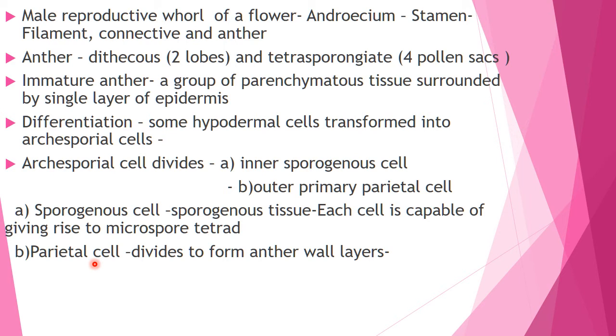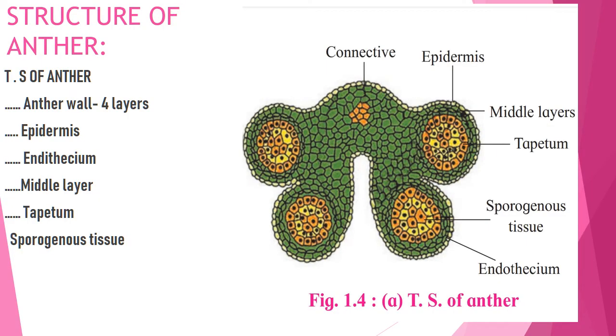Now what happens to the parietal cell? The parietal cell, which is the outer one, will divide to form the anther wall layers. There will be 4 layers in the wall. We will see one by one what they are. There are 4 layers for the anther wall.